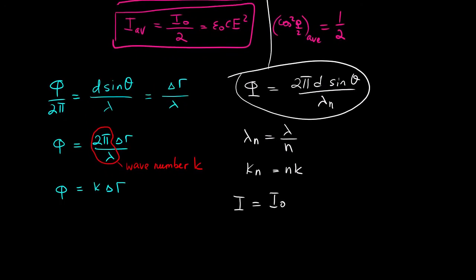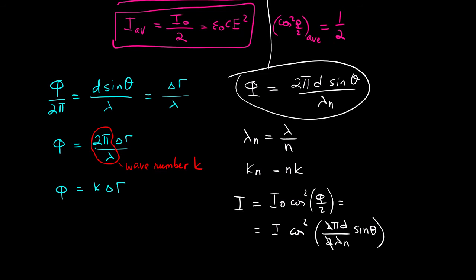I would get I naught cosine squared phi over 2 equals I naught cosine squared of 2 pi d over 2 lambda n sine theta, where I can cancel the 2's out.